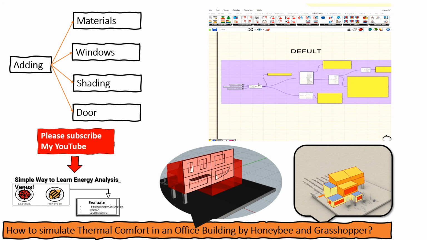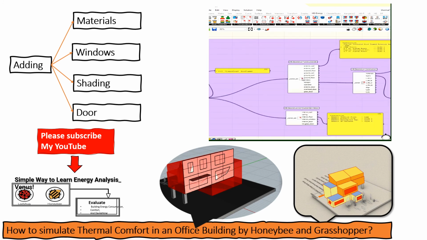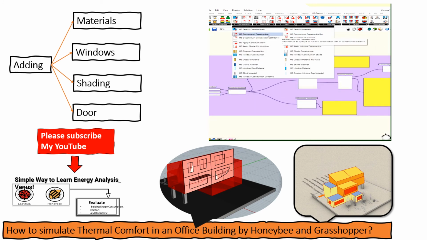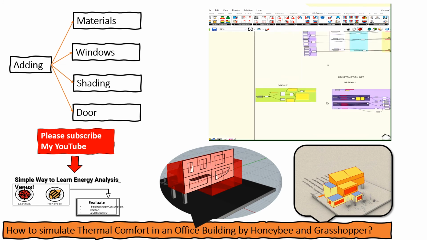You can add it to this component, the HVAC opaque material. You can find this component on the Energy Plus tab, on the part construction. And just review everything that I did. You can use the construction for that.